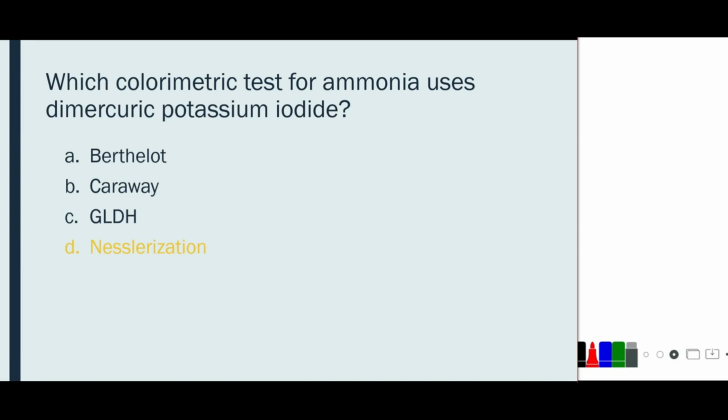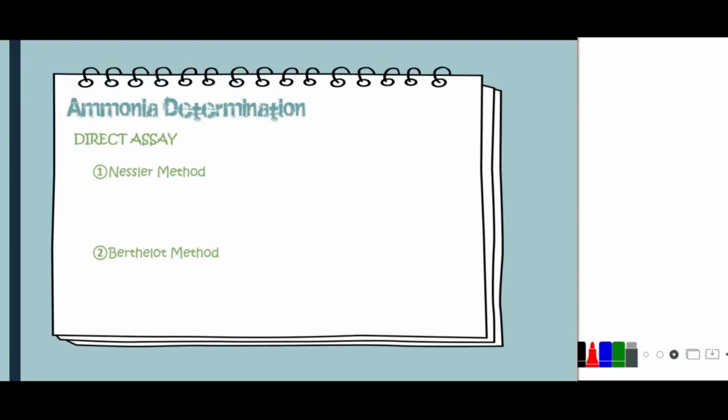So let's have the direct assay for ammonia determination. Again, we have two. So it's either the Nestlerization or Nestler's method or the Berthelot method. These two differ with the reagents you utilize and at the same time with the colored product that is formed. So for Nestler's method, again, it will make use of your potassium tetraiodomercurate to produce yellow to orange-brown colored product.